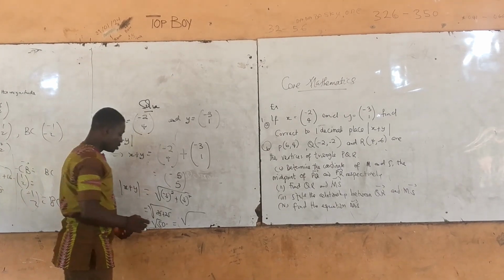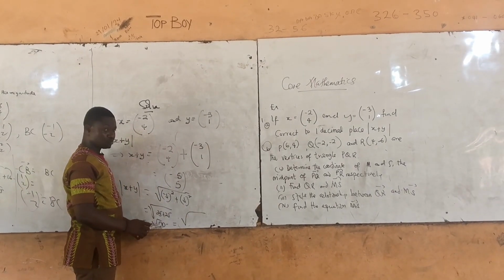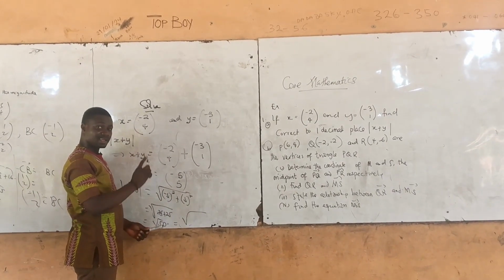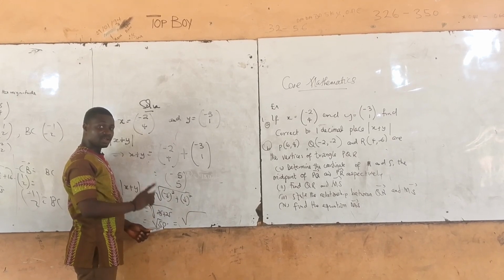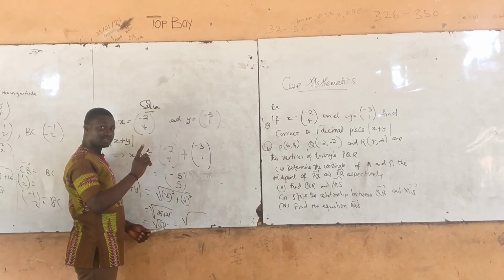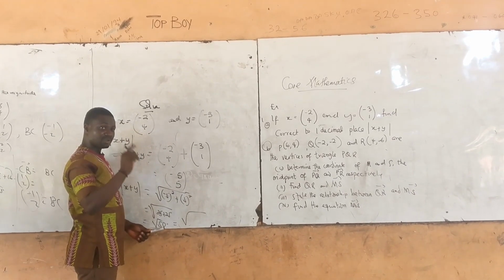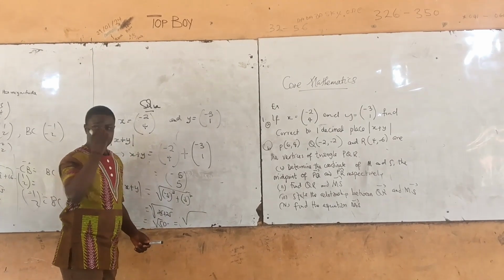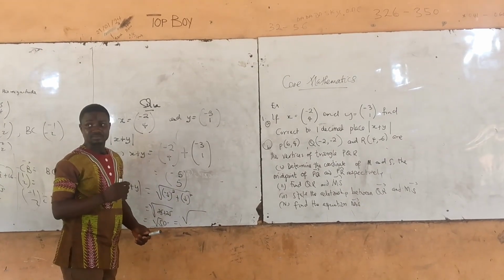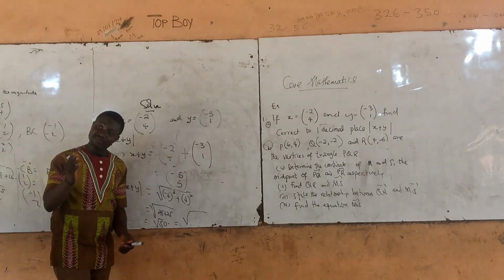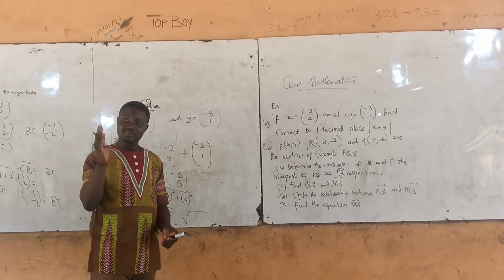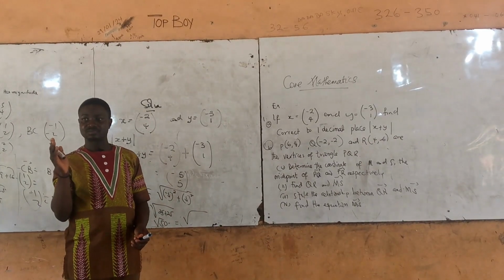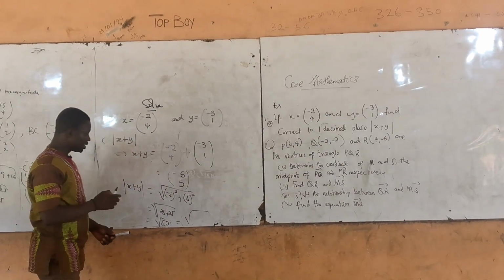Yes. So what will be the two numbers? When you multiply them to give you 50, one should be a perfect square, one shouldn't be a perfect square. 5 and 10, and 5 is not a perfect square. So you can leave your answer like this.